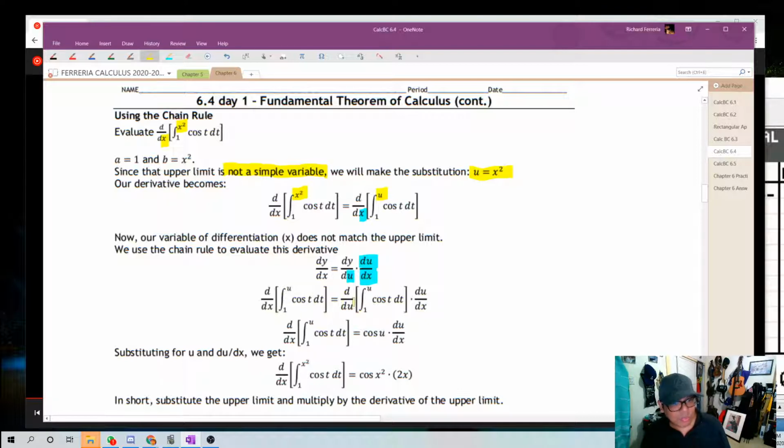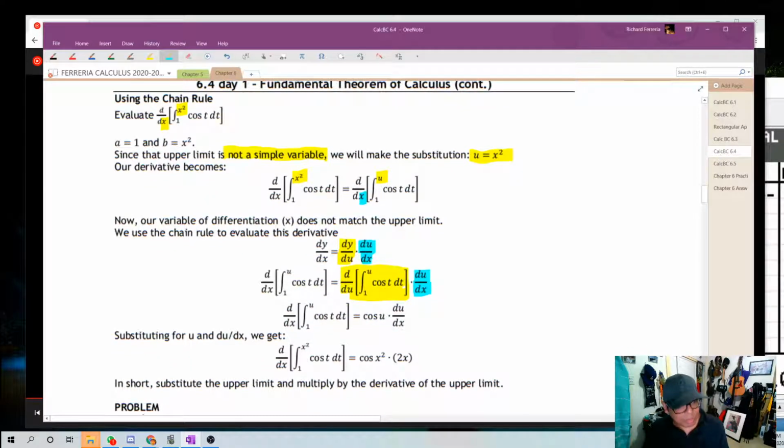That's the derivative with respect to u of the integral from 1 to u of cosine t dt, multiplied by du dx. If I color code this carefully, you can see that this first derivative with respect to u is the derivative of the integral, and the second, du dx, is the blue piece. So all of those pieces are the same thing.